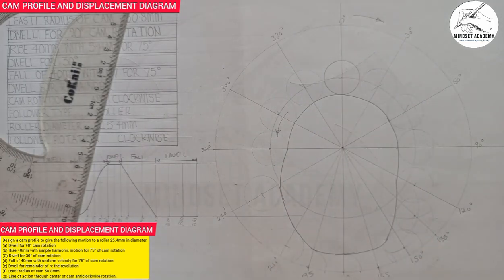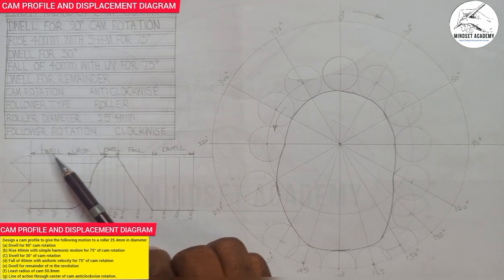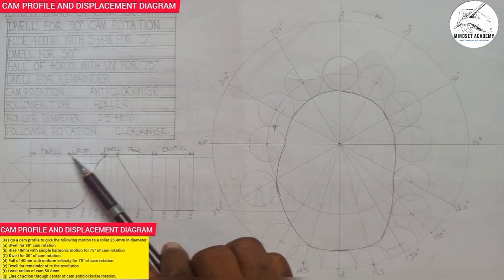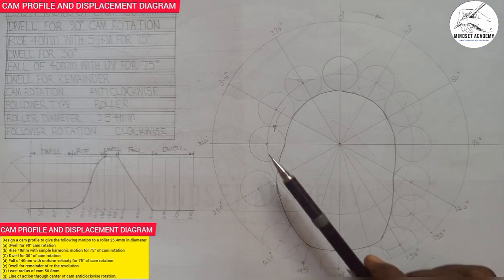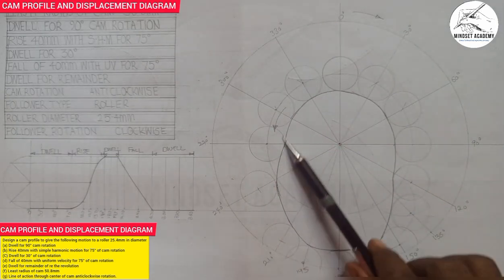This is what we call the displacement diagram for that particular question. Is that taken? We have successfully drawn out the displacement and the profile diagram. This is the profile diagram. This is the displacement diagram, and this is the movement of the cam, right?